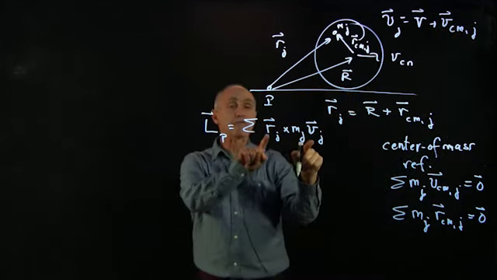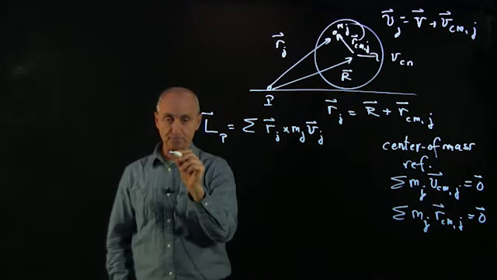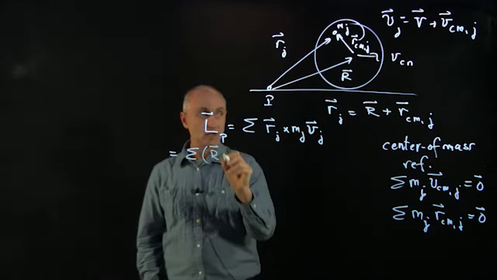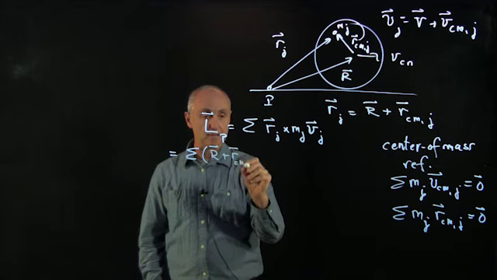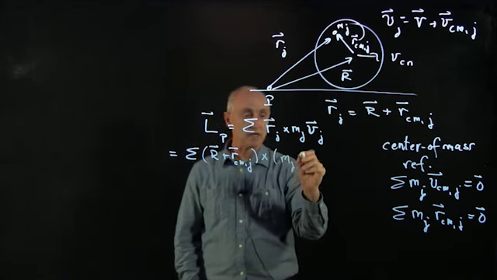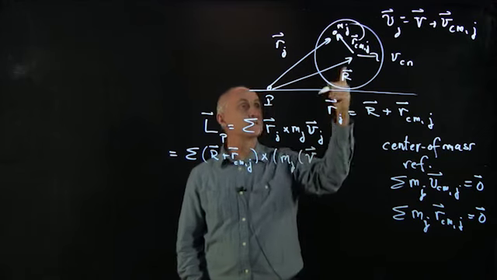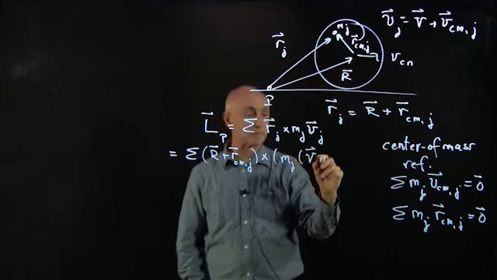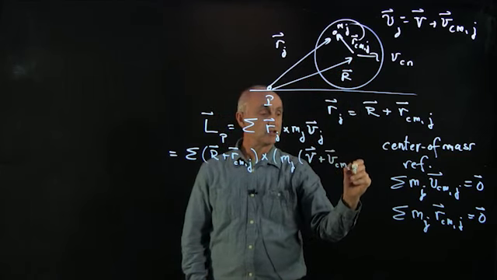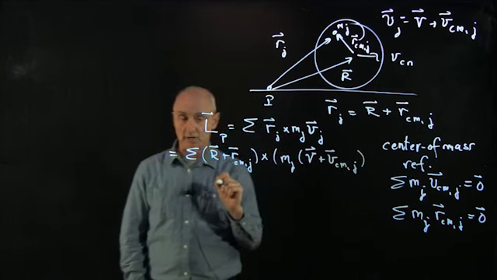And so now we're going to have to do both substitutions in here. That's why this calculation is a little bit more complicated. We have r plus rcmj cross mj times capital V, that is the velocity of the center of mass with respect to the ground frame, plus vcmj.